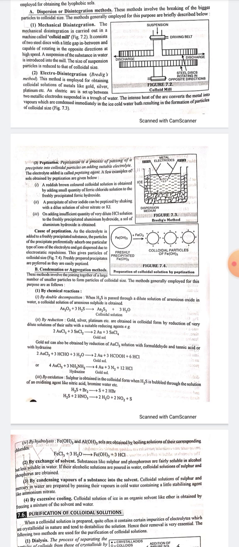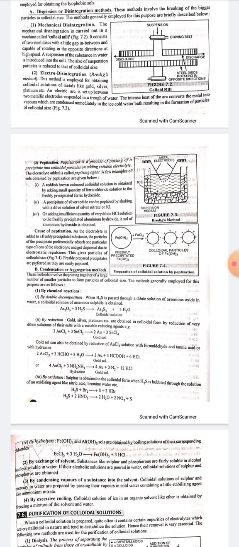Gold sol can be obtained by reduction of AuCl3 solution with formaldehyde and tannic acid or with hydrazine. 2AuCl3 plus 3HCHO plus 3H2O gives 2Au plus 3HCOOH plus 6HCl, or 4AuCl3 plus 3NH2NH2 (hydrazine) gives 4Au plus 3N2 plus 12HCl.